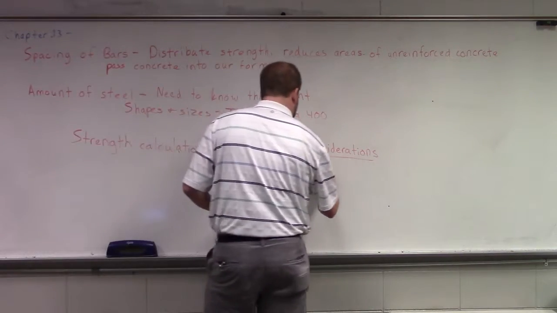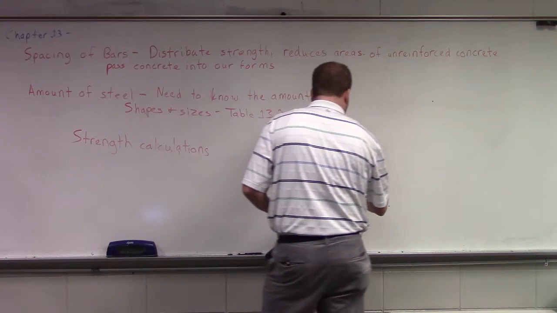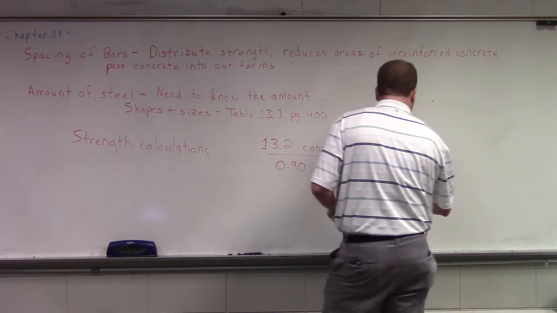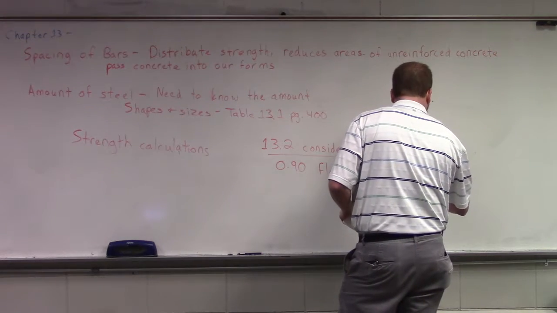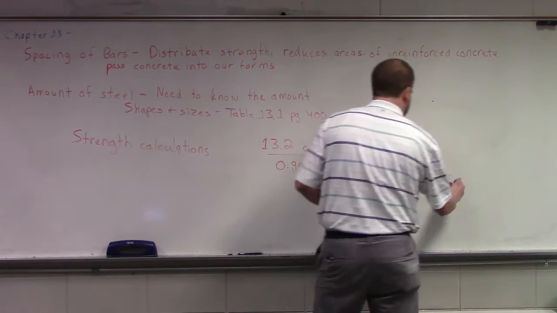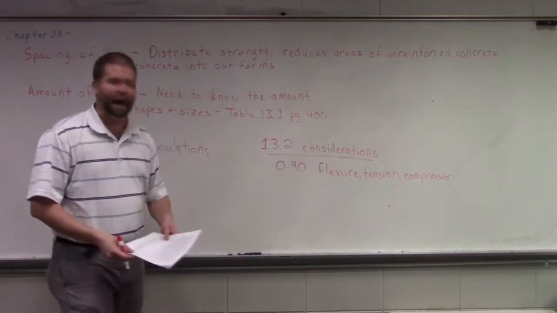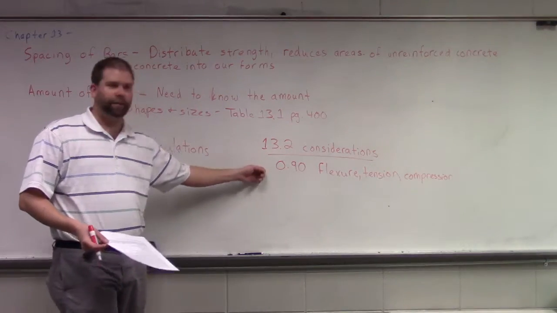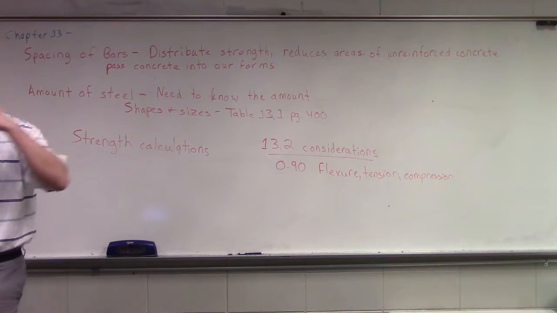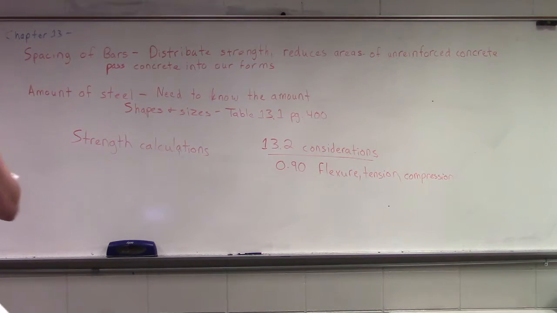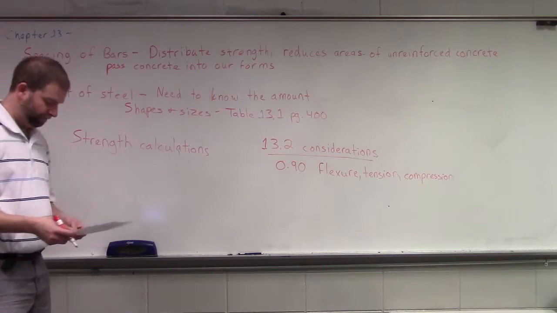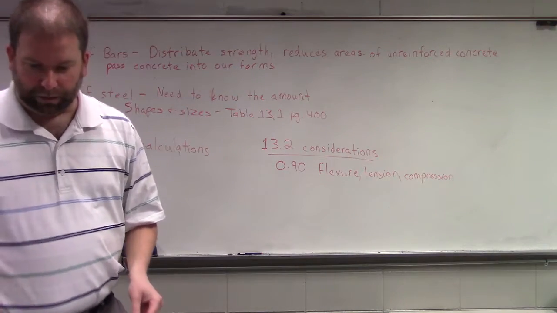We use 0.90 for flexure, for tension, and for compression. Once we determine the maximum load, given the conditions, we'll divide it by that 0.9. That'll tell us the condition that we need to meet. That will make more sense once we get into a problem itself.